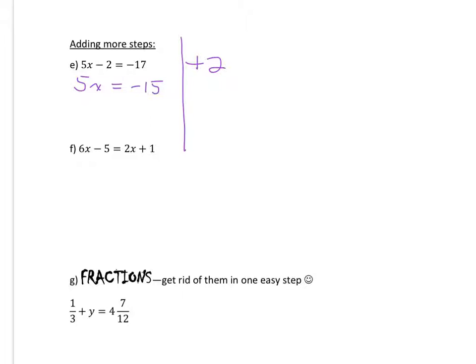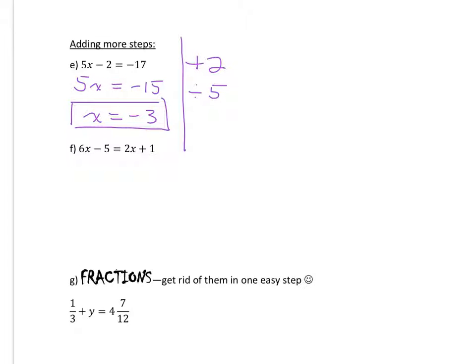Then I can divide both sides by 5 so that I get 1x equals negative 3, and there's my solution. So we can just peel away the operations from the x to get the x term by itself, and almost always our final step will be to divide by the coefficient of x so that we get 1x in our solution.